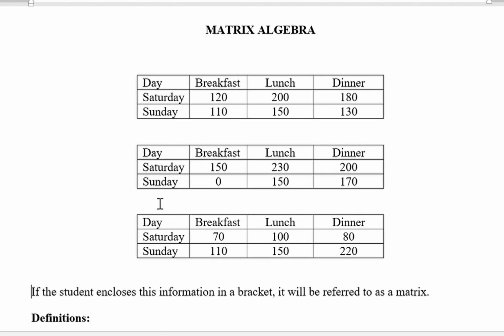And on the third weekend, he spends 70 for breakfast on Saturday, 100 for lunch, and 80 for dinner. While on Sunday, same weekend, he spent 110 for breakfast, 150 lunch, and 220 for dinner.